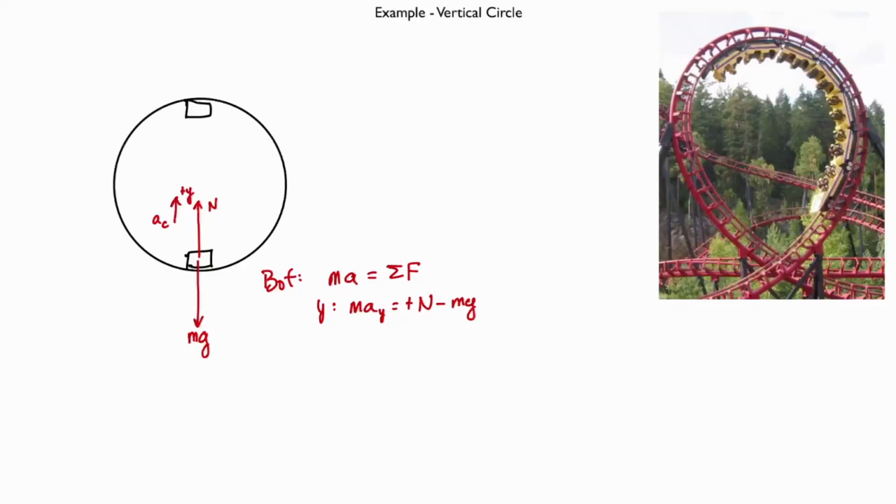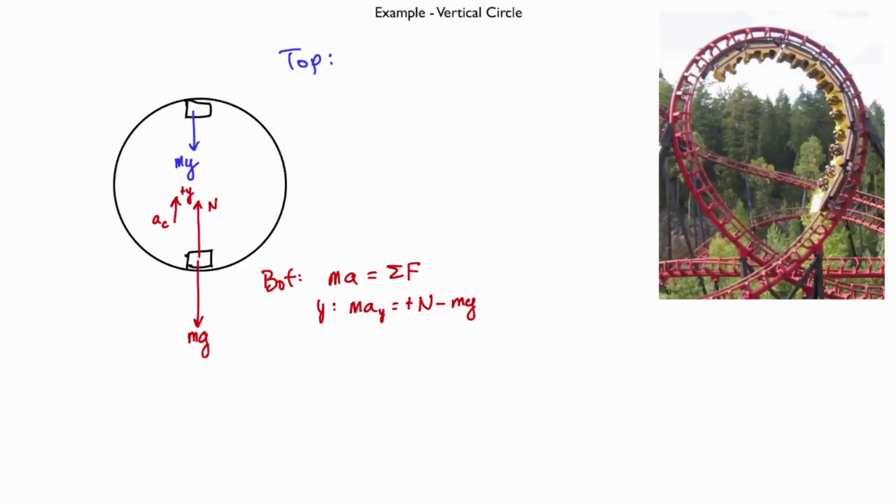Okay, which way is gravity pointing at the top? Still down. Good. Which way is the normal force at the top? Down. This is a loop-de-loop, right?